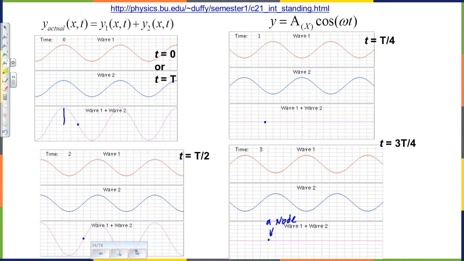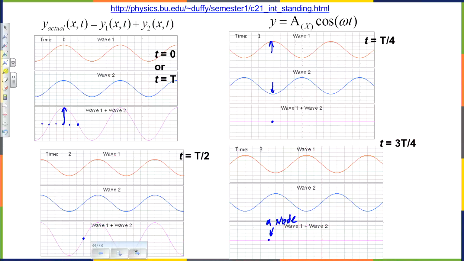But some points move up and down. Why doesn't this one move?